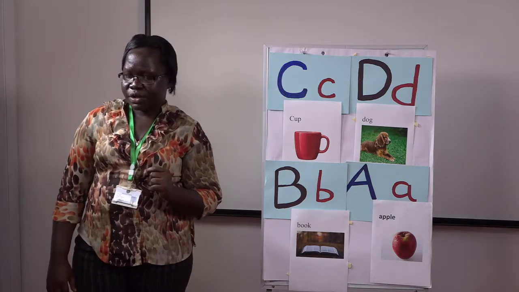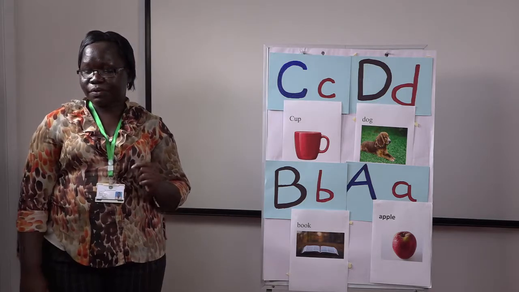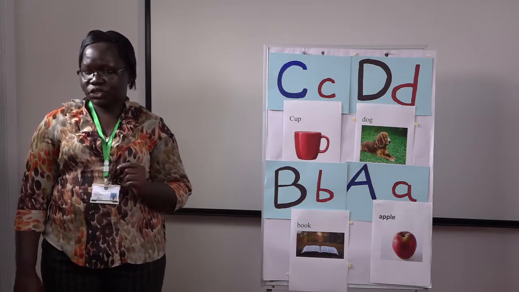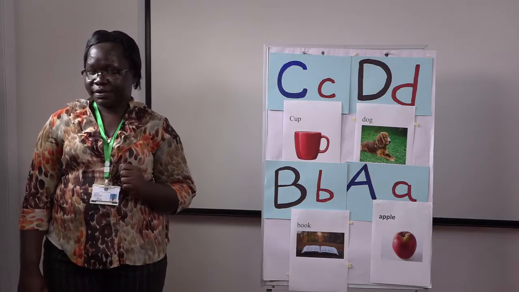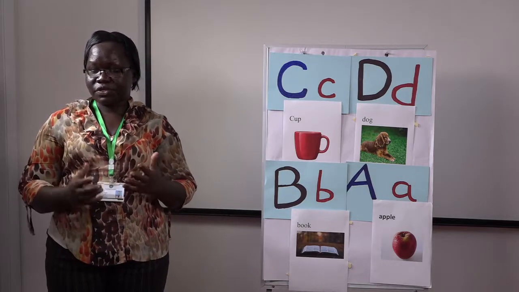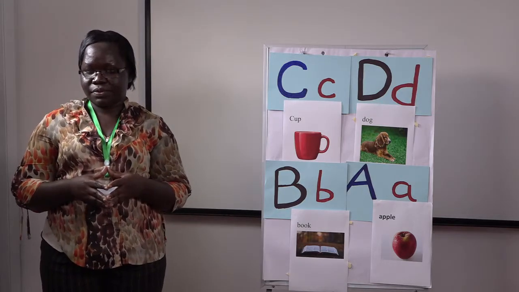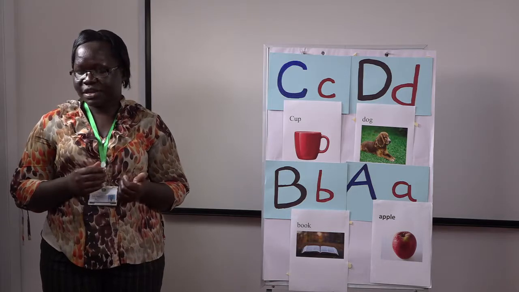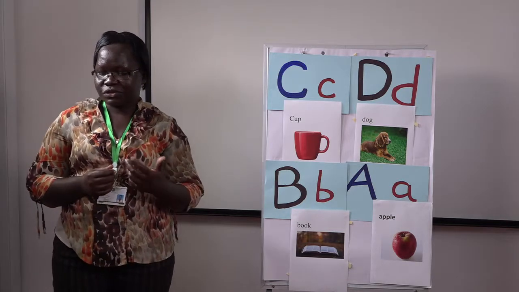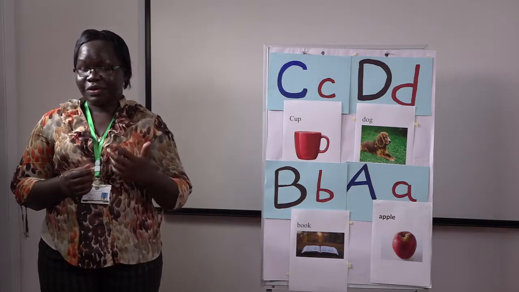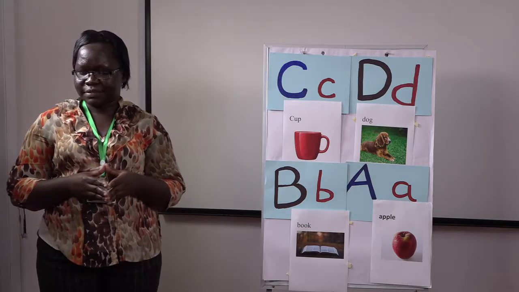Although lowercase letters are the most recommended in teaching children how to read and write, using both can be of help. Therefore, children need to be introduced to both upper and lowercase letters.